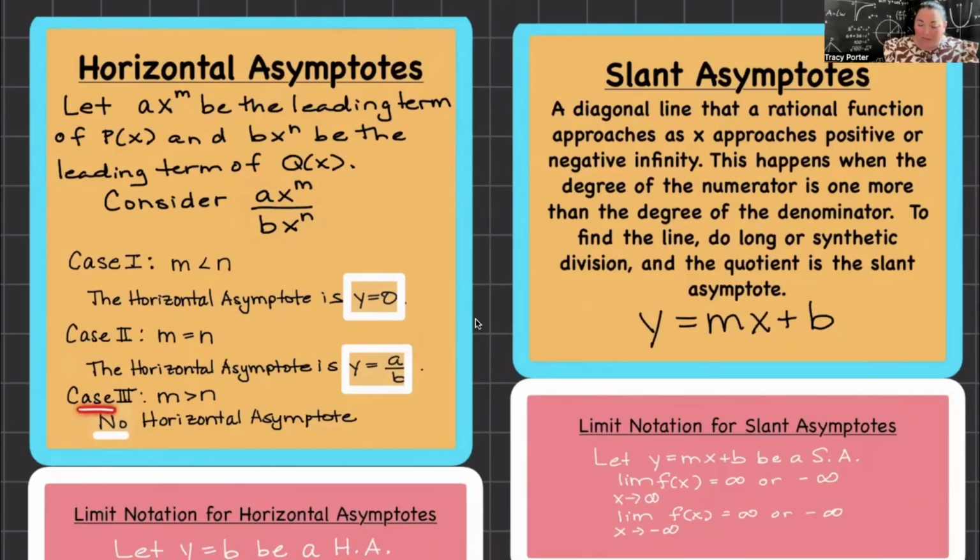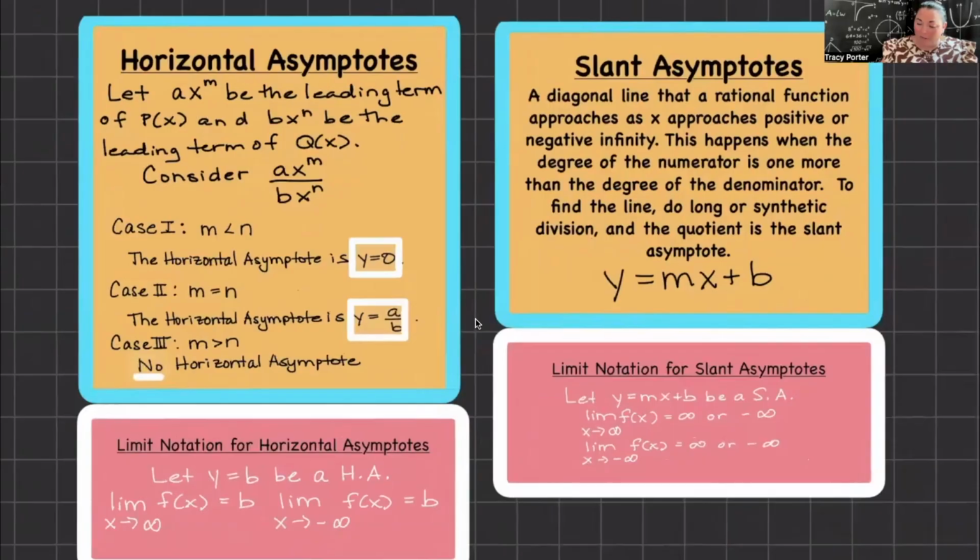Finally, case three: if the power in the numerator is larger than the power in the denominator, there is no horizontal asymptote.